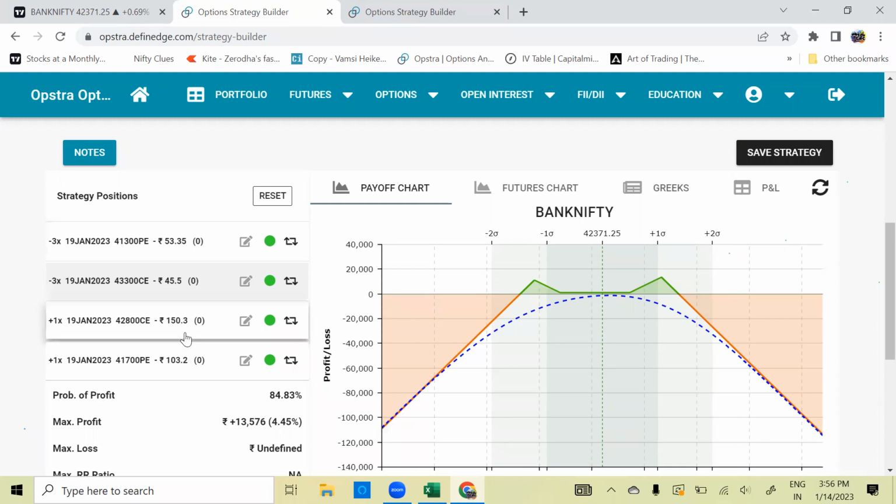If the market goes upside, this 150 will become 250, 300 very fast. But the 45 will become only 80, 90. Only after some time will that get a spike, or else the first spike will come in the nearer strikes.